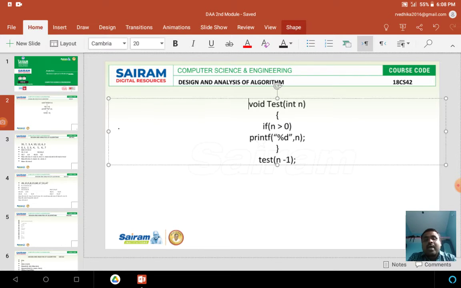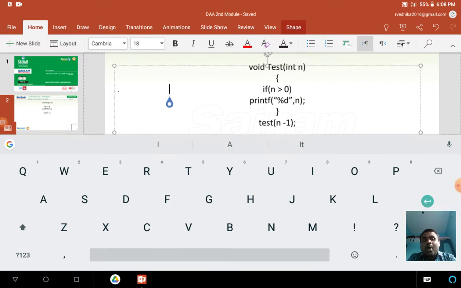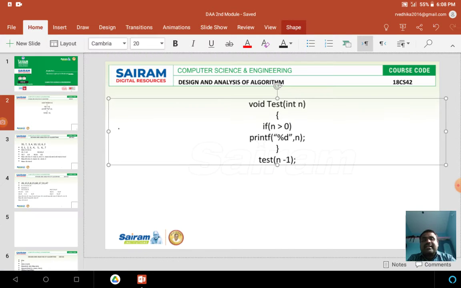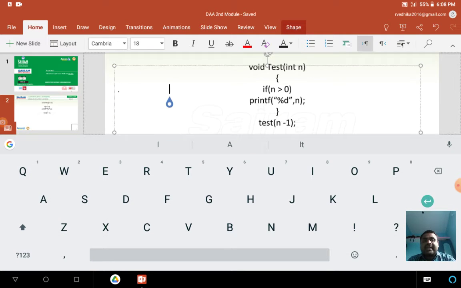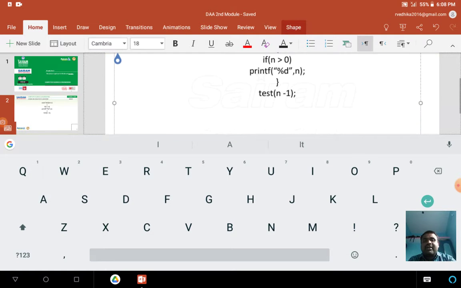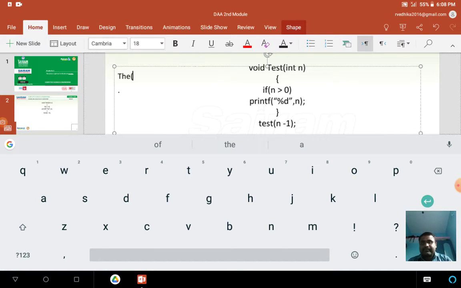Now in the previous module we discussed how to represent the function. Whenever I am writing a function, I have to represent the function time as T of n. So void test of int n will be T of n.